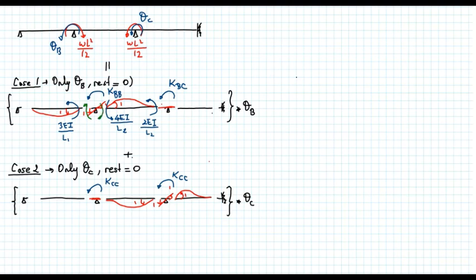Transfer it to the node, and at the end of the day, we will get KBB as equal to 3EI over L1 plus 4EI over L2, and KBC is equal to 2EI divided by L2.